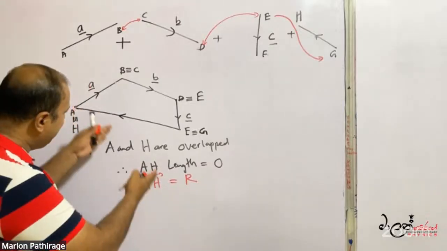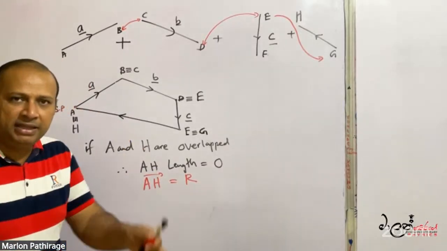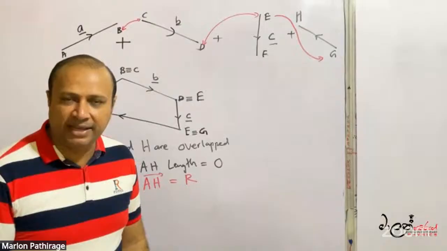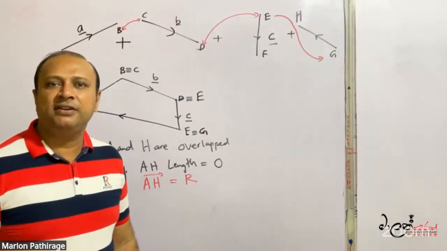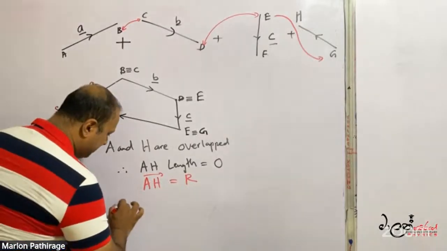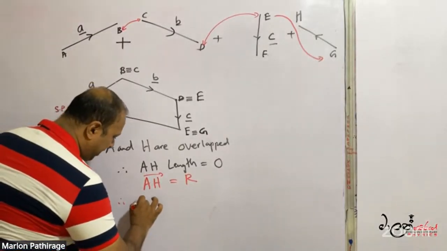Therefore, the length of the AH line segment should be equal to the magnitude of the resultant force.